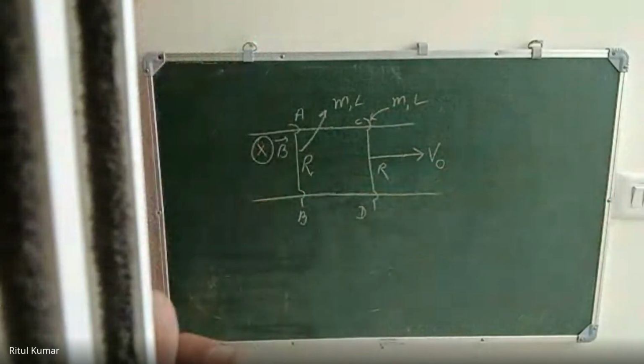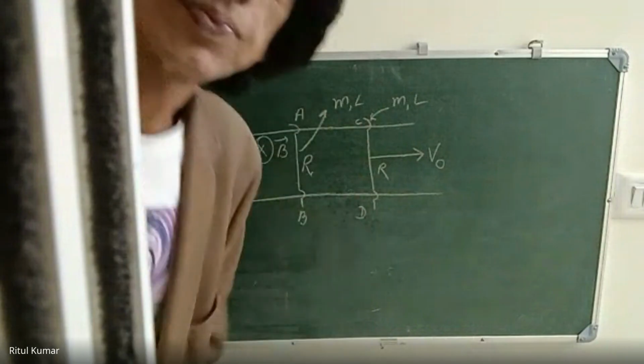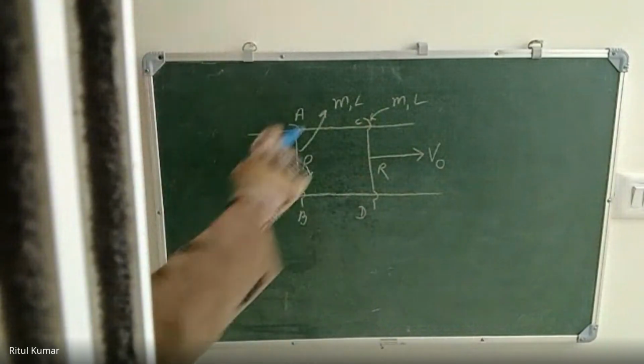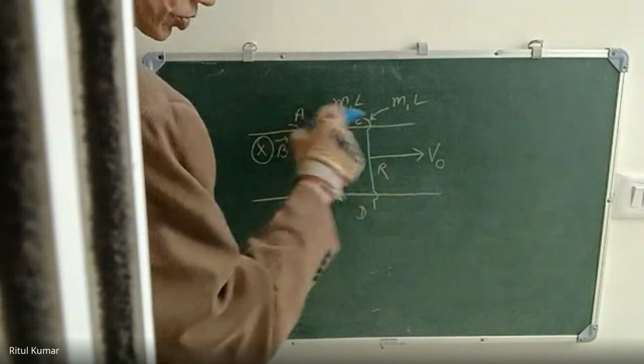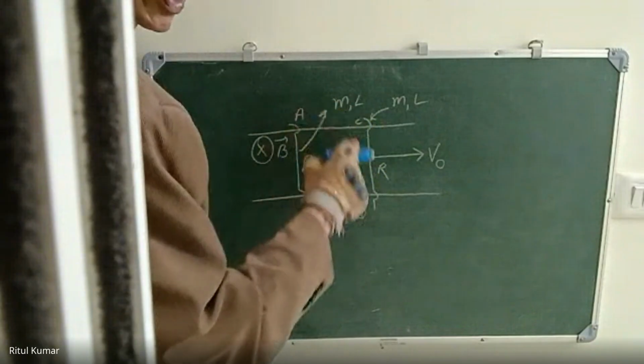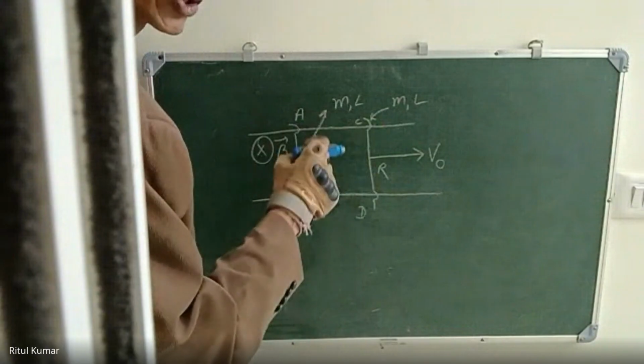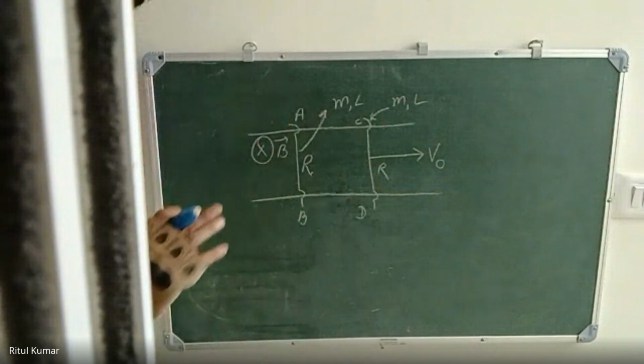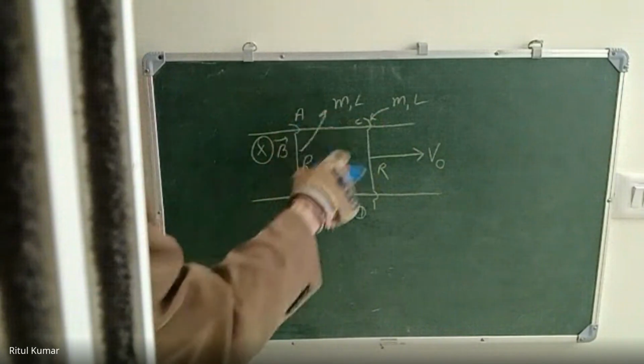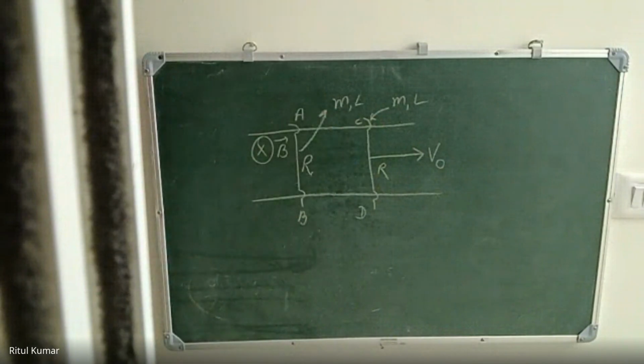The ask: find the current in this loop as a function of time.